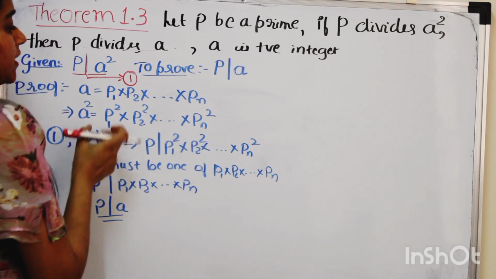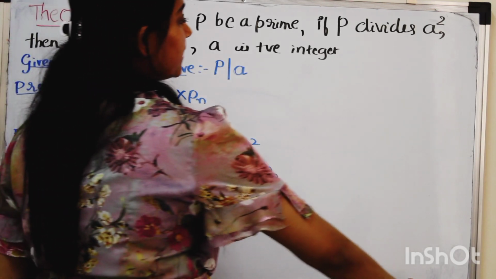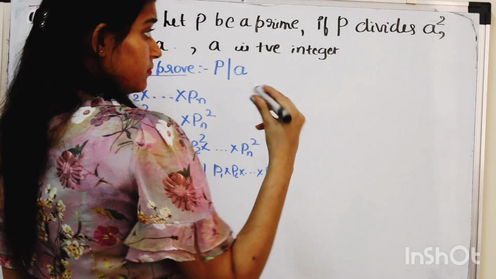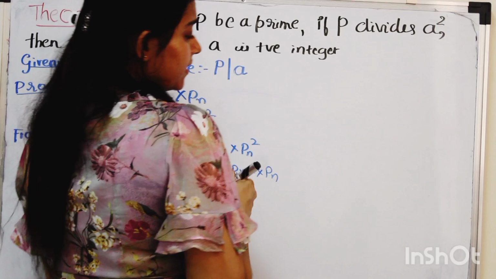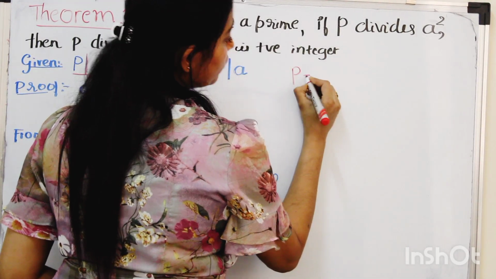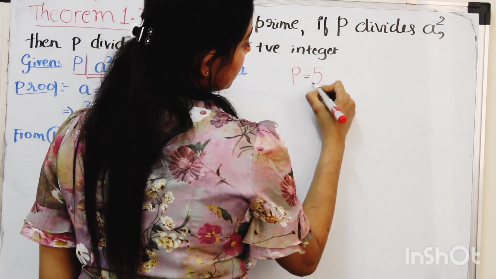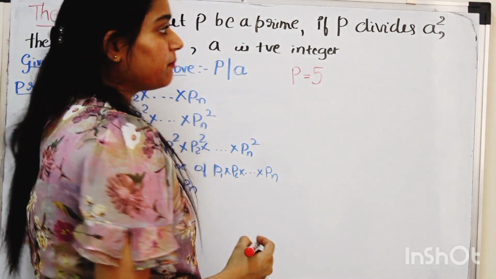Now the proof. Before that I will take one example so you can understand easily. So take P equal to any prime number. Let us take 5, so P is 5 because 5 is a prime number.